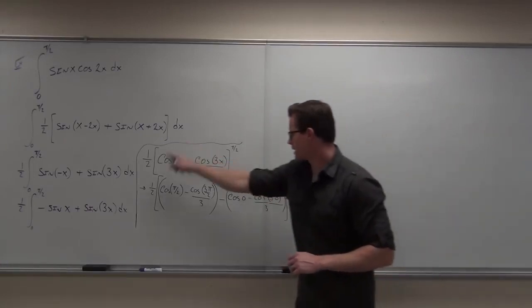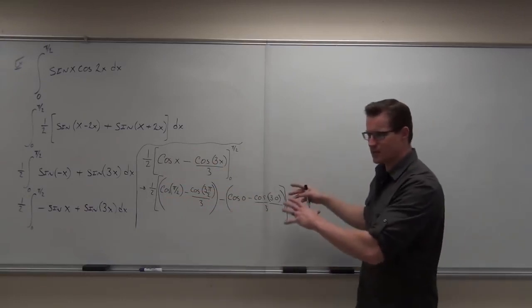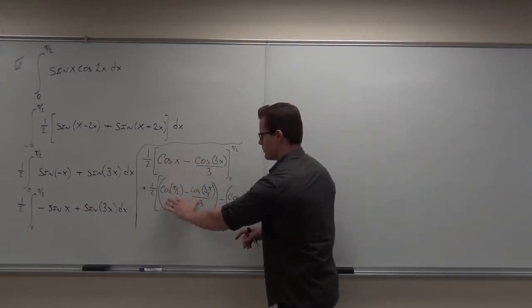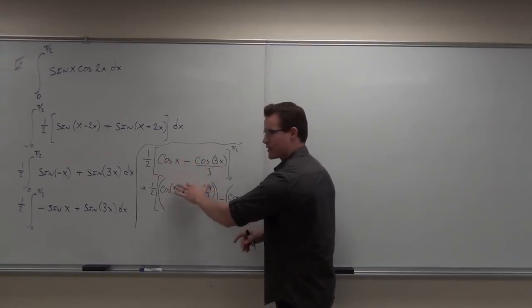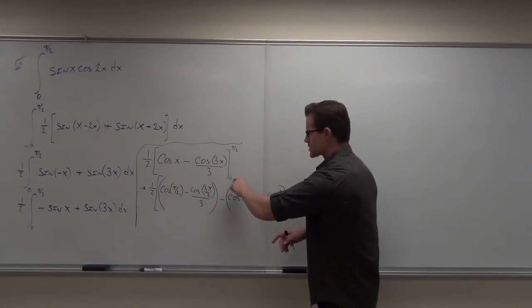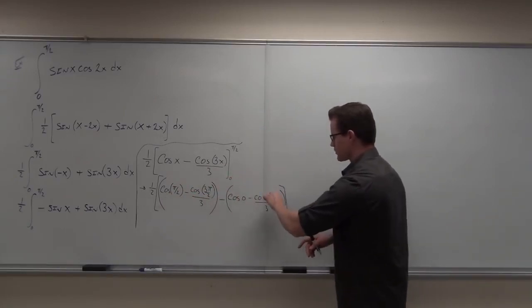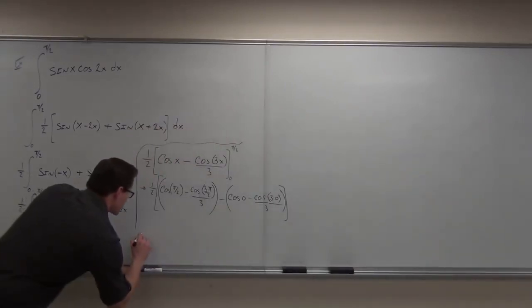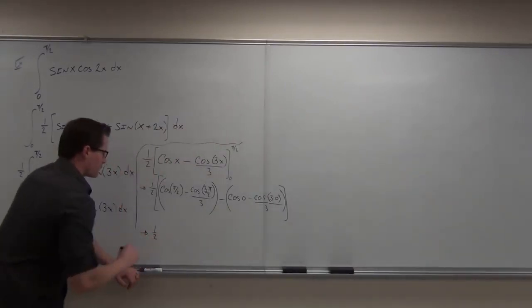Okay, so we get the 1/2. Big old bracket, you need the big old bracket. This is the evaluation at pi over 2. So cosine pi over 2, minus cosine 3 times pi over 2 over 3. Are you guys okay with that one? Minus, no problem because you subtract with this, cosine of 0 minus cosine of 3 times 0 over 3. Let's work it out. So this will give us 1/2.